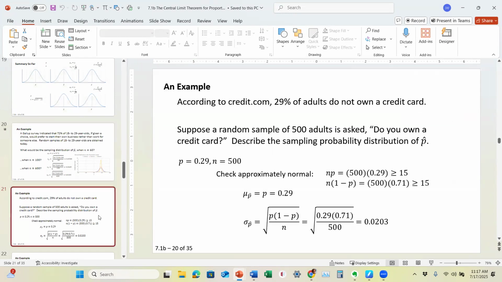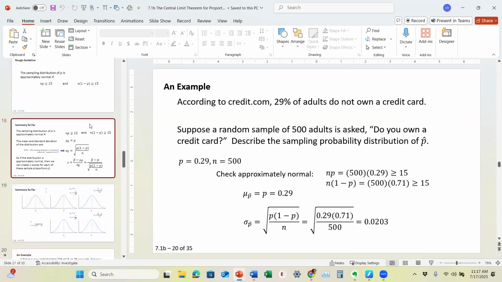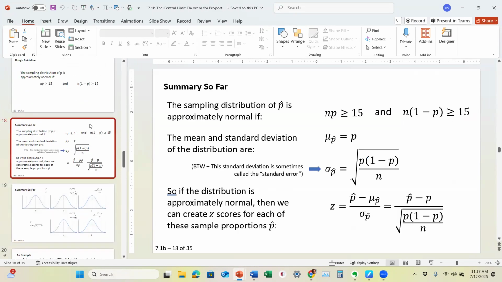This one's slightly different in that we're taking a look at the world of proportions. I think we got this far.